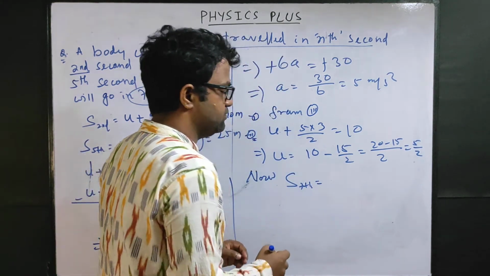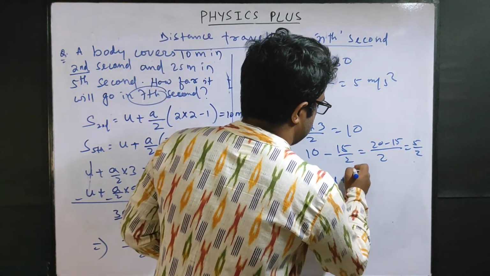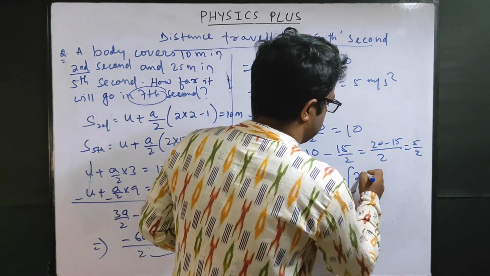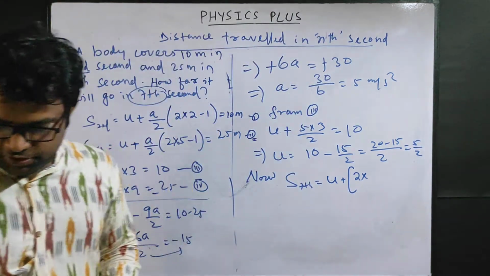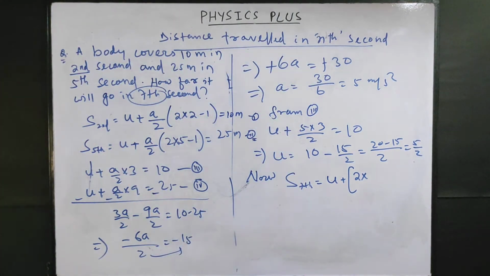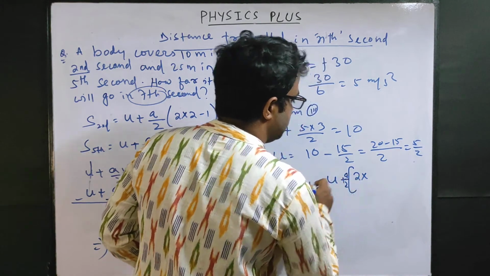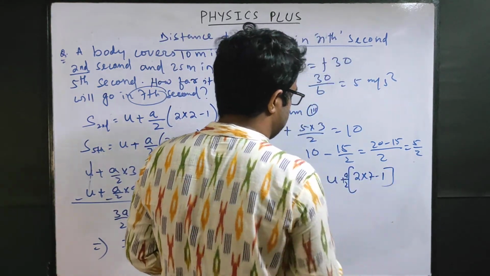The formula is u plus a by 2 into 2n minus 1, where n is 7 here, so 2n minus 1 is 14 minus 1.